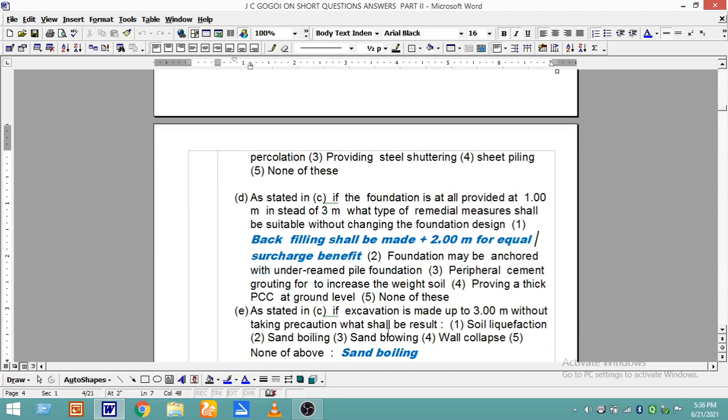What shall be the result? Soil liquefaction, sand boiling, sand blowing, wall collapse, none of these. Normally, without necessary precautionary measures, if we excavate underwater, say about 2 meter, soil boiling shall start. The resultant shall be sand boiling.